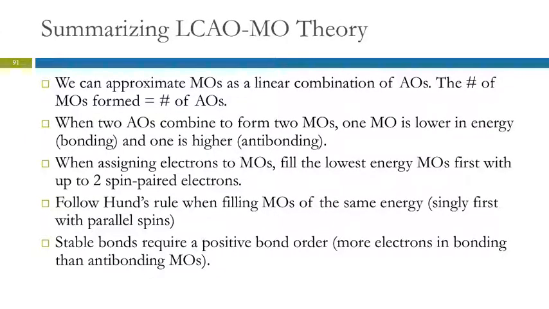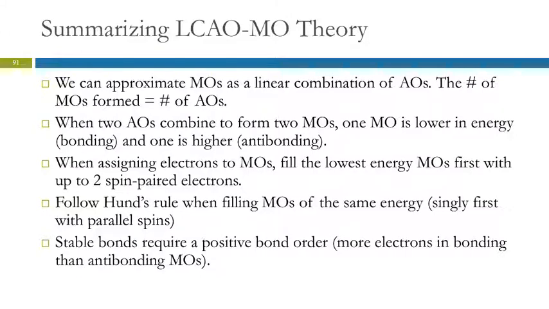So, a summary. We are approximating molecular orbitals as linear combinations of atomic orbitals. We're taking these two wave functions and adding them together, either in phase or out of phase.